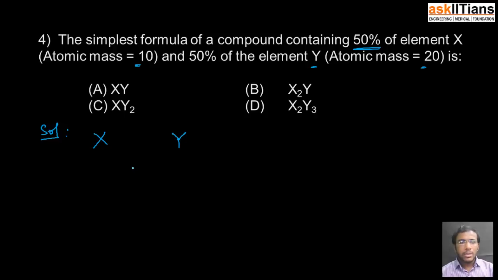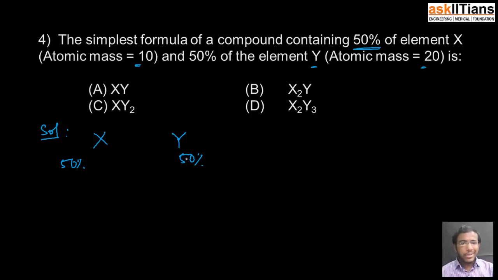The compound contains 50% of element X and also 50% of element Y. That means the 50% is its mass percentage. So we have to find what that formula is.